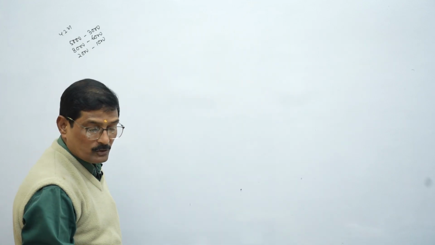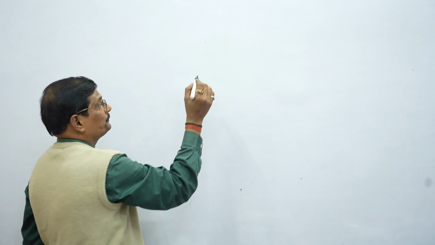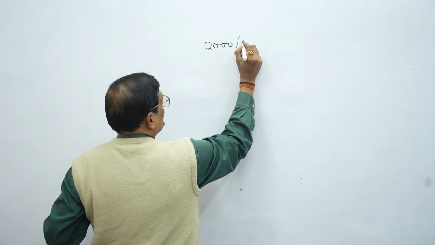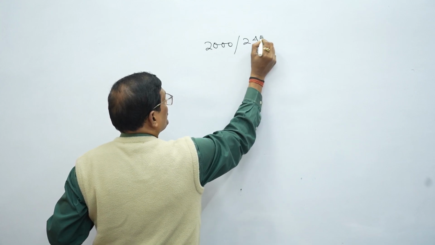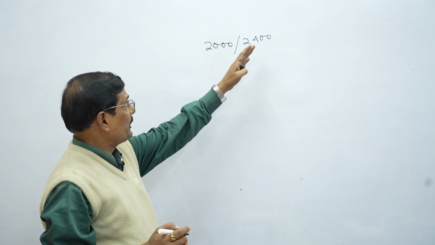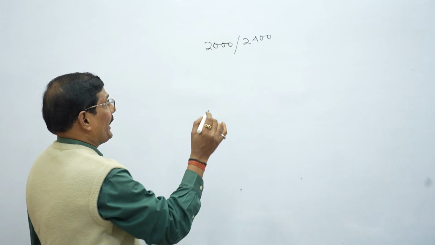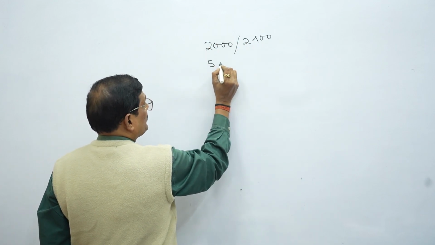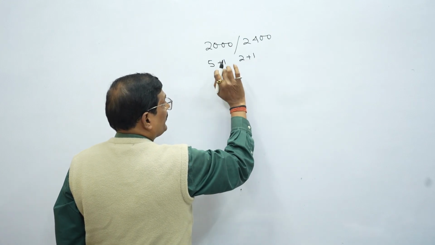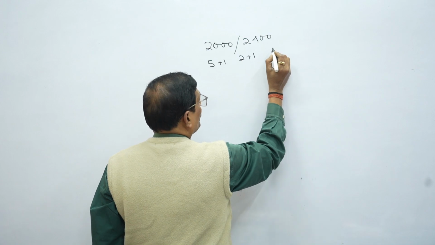Right. Next one, pro rata and forfeiture. 2,000 shares issued, applications received 2,400 shares. Number of shares issued 2,000, applications received 2,400, and the amount is payable as 5 plus 1, 2 plus 1. This one relates to premium.